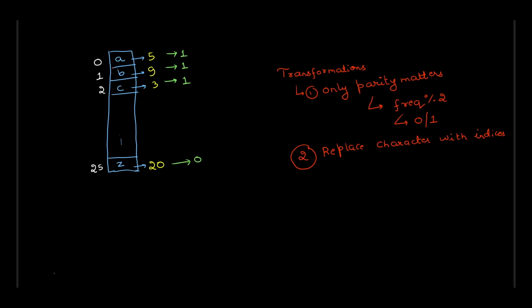So you can see that given any index, so if I give you index 24, you can easily recover which character it represents. This is nothing but the character y. So all you have to do is add 24 to the ASCII value of a. Basically you go 24 steps forward from the ASCII value of a.